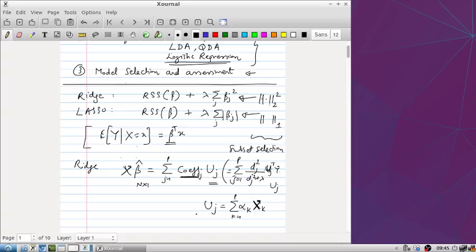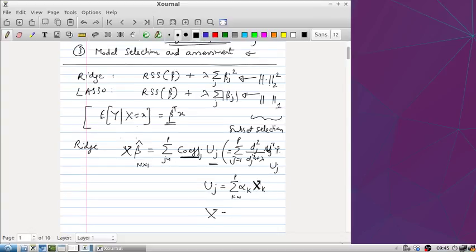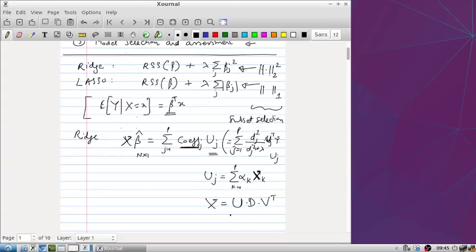What is the interpretation of the left singular vector of the SVD of X? The data matrix X is equal to U matrix times D matrix times V transpose matrix, right? The U matrix is U1 to UP. These are the column vectors.